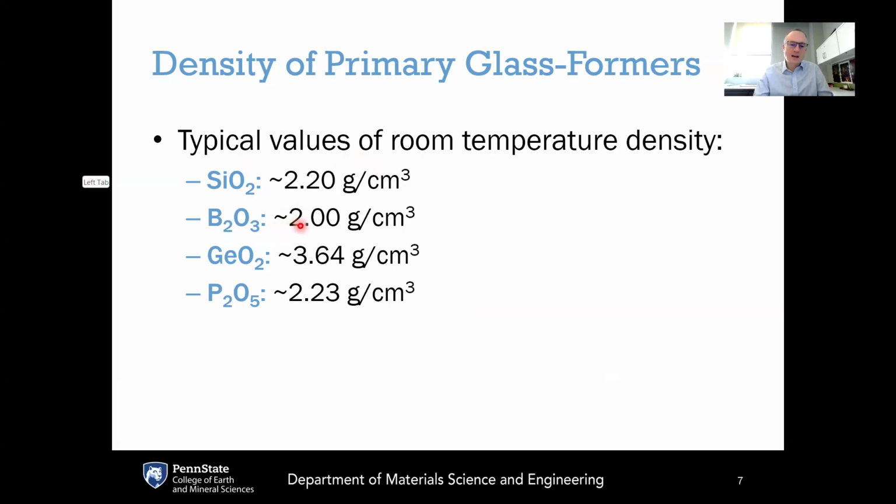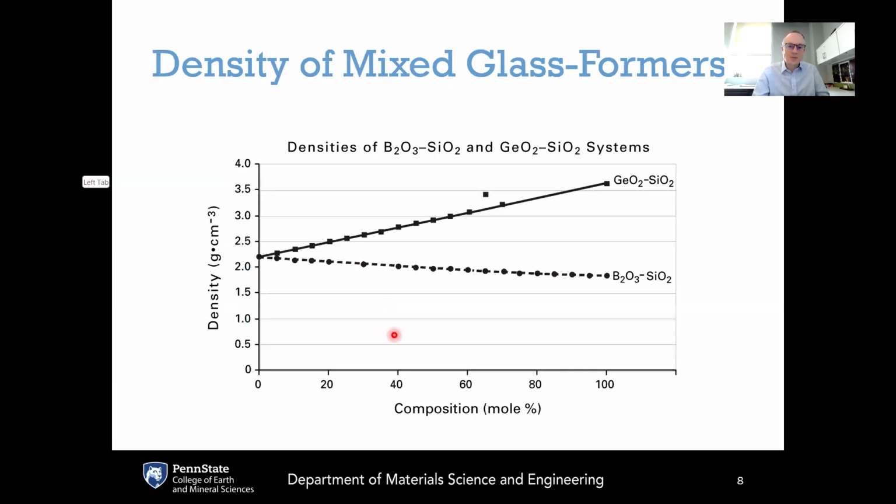Vitreous boron oxide has a density that's less than that, 2.0 grams per cubic centimeter. Germania, of course, has a structure similar to silica, but with a much heavier germanium cation. That has a much higher density, so that is 3.64 grams per cubic centimeter. Vitreous phosphorus pentoxide, P2O5, has a density that's just slightly higher than that of silica, 2.23 grams per cubic centimeter.